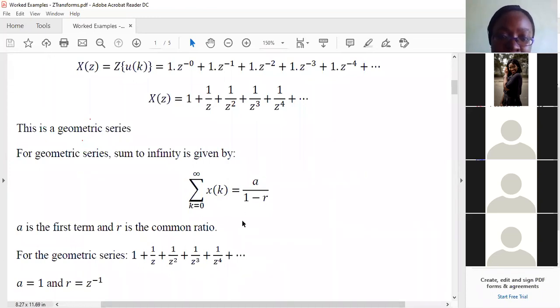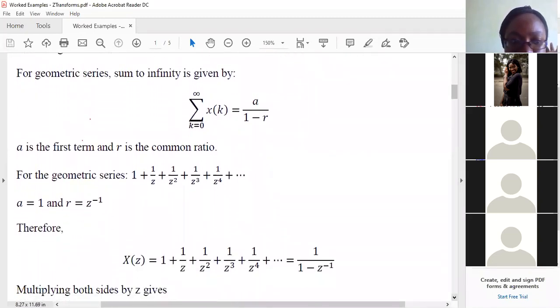So when you simply put this in the equation, you are going to get this.